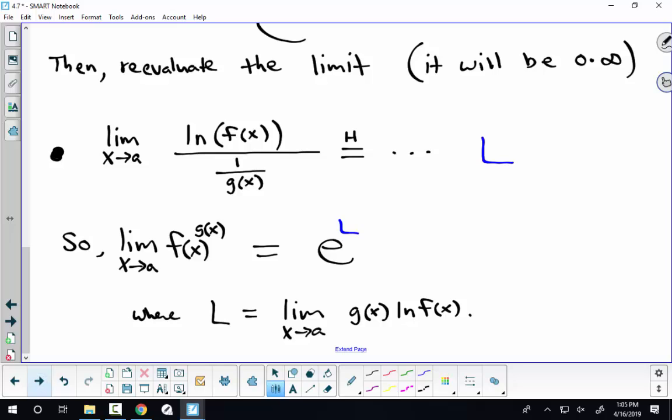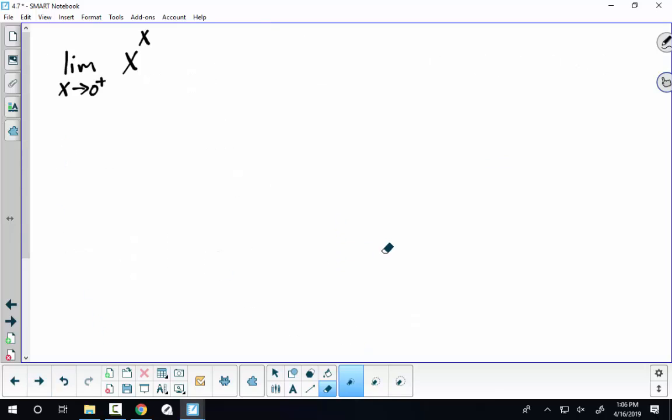we'll start off with the most simple case, which is x to the x. So we're going to compute the limit as x approaches 0 from the right on the function x to the x.